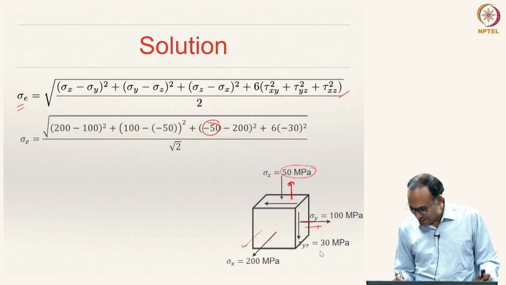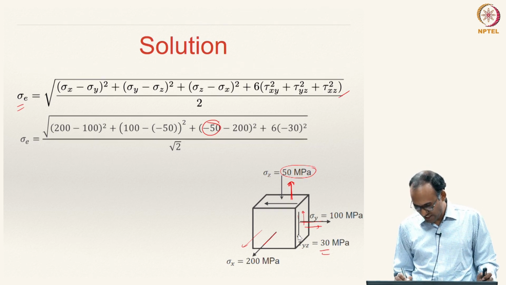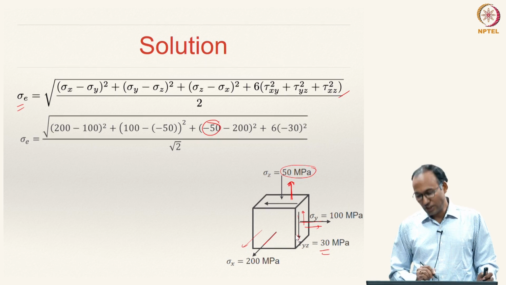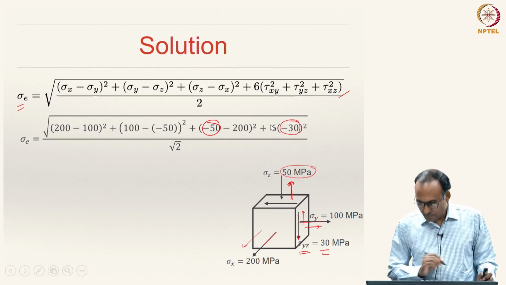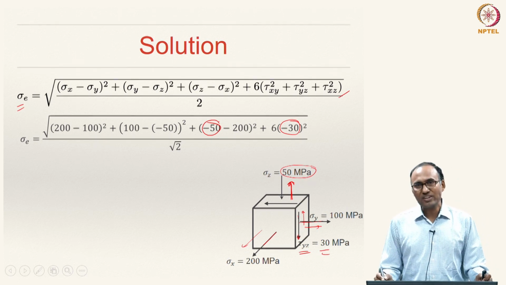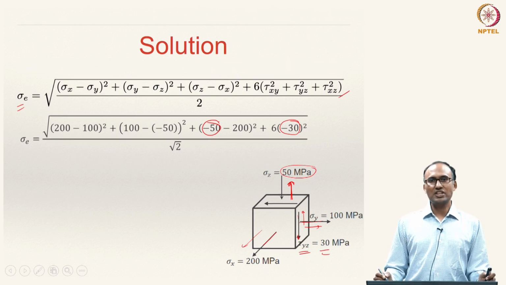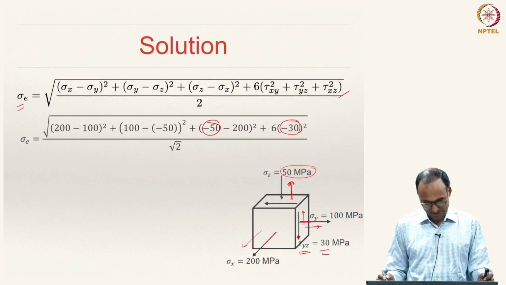And again tau yz, if the shear stress were positive, then it should have been like that, but here your shear stress is negative, because it is in the opposite negative z direction, and hence tau yz is also minus 30. This is important. If you do not take them as minus 30 and minus 50, you will get a different state of stress, different equivalent stress. That is extremely important to realize.